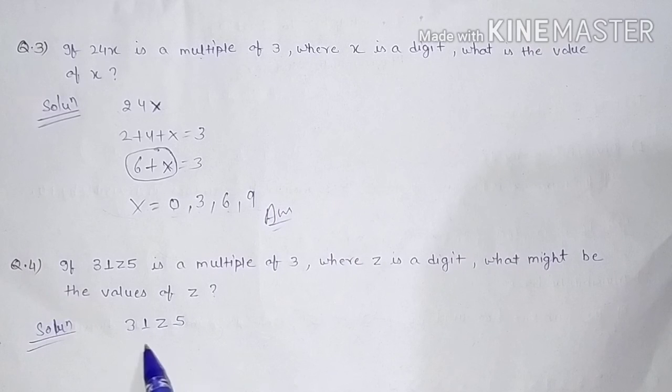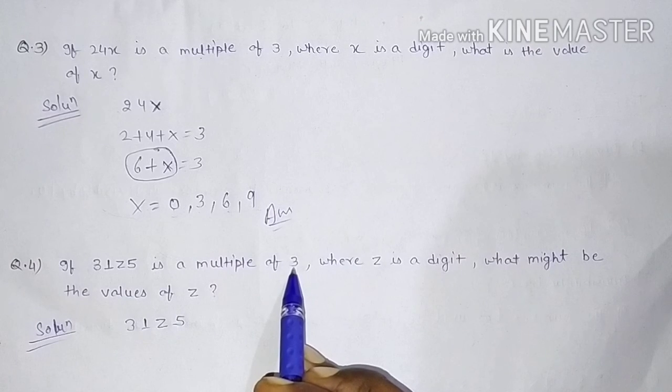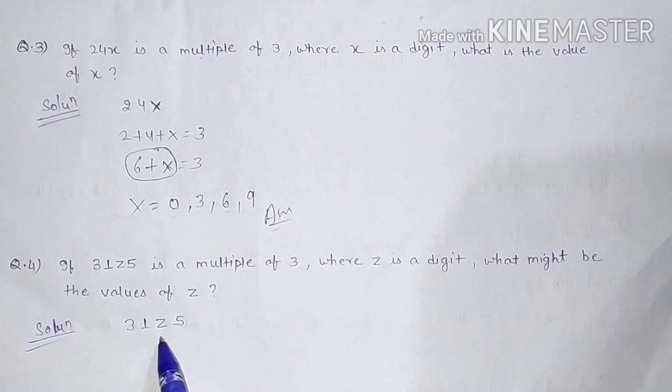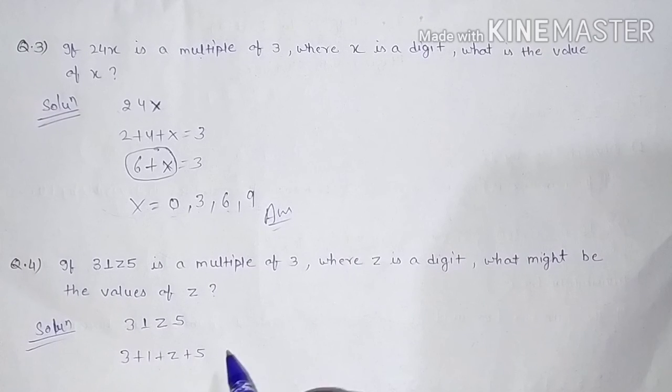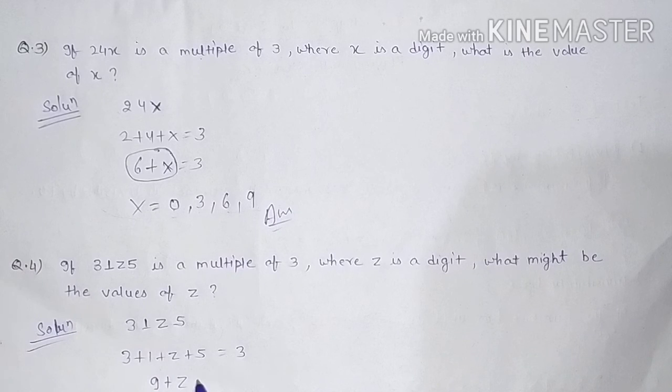This number is a multiple of 3 and we have to find the value of Z. So we know that the sum of the digits is also a multiple of 3. So this will be 3 plus 1 plus Z plus 5 equals 3 or a multiple of 3. Okay, so just add this. 3 plus 1 is 4, 4 plus 5 is 9, 9 plus Z equals 3.